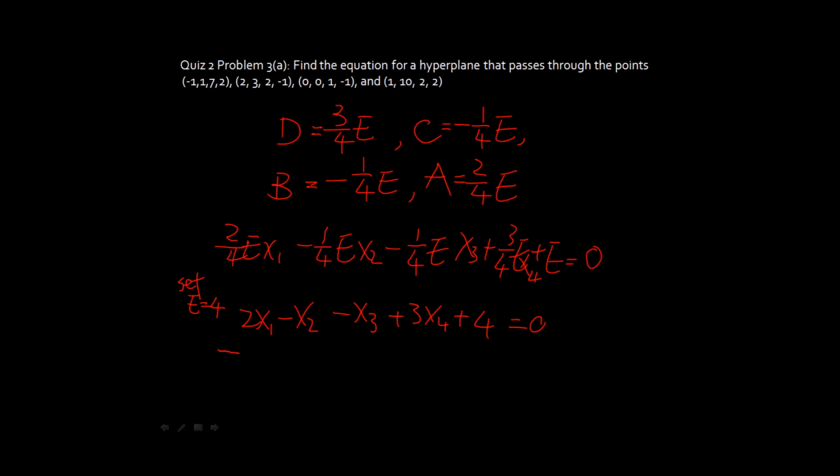So there you go, we have actually solved the system of linear equations by finding A, B, C, D in terms of E, and then plugging all back in to find the equation of the hyperplane, which is the answer. And then you know how to solve that right now. So I hope you can learn something from it, and I'll see you next time.